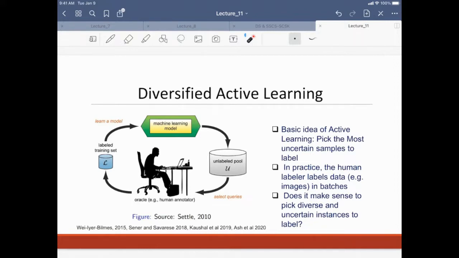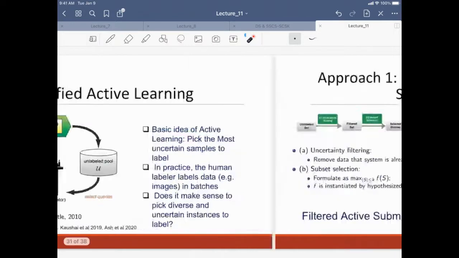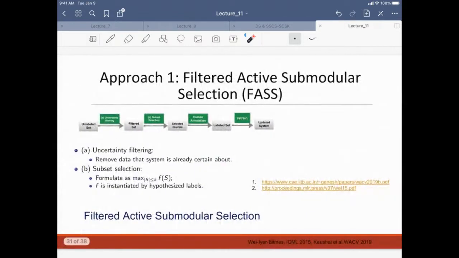The basic idea remains the same: you want to combine diversity and uncertainty in a principled way. The first approach, a very early work in 2015, also a paper in 2017 and 2019 by us, does active learning in a filtered manner, where you kind of filter out uncertainty.